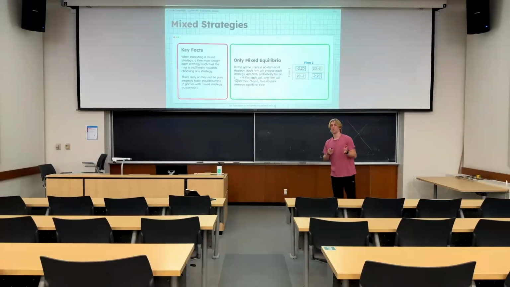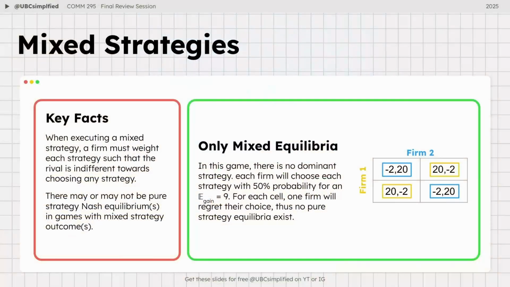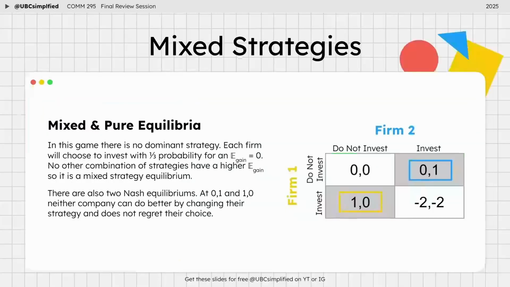Sometimes you can have pure strategy and mixed together, but keep in mind that you want the other player to be indifferent between the 2 strategies in order for it to be a mixed strategy equilibrium. And you calculate that by having the same expected value using the multiplication with the probability.